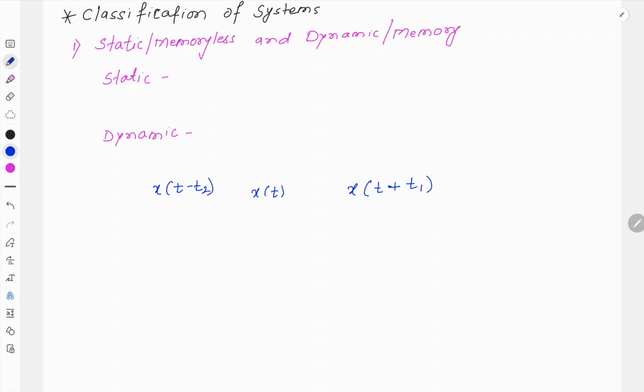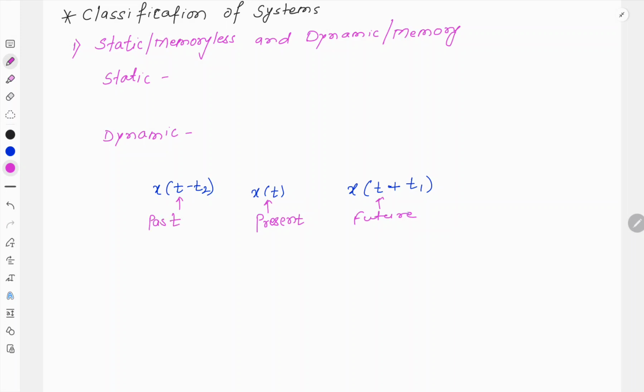So if we look at these equations, x of t is called as present input, x of t plus something, that is to the current time instance we are adding something, so this t plus t1 is called as future input, and t minus t2, that is t minus any value, is called as past input.